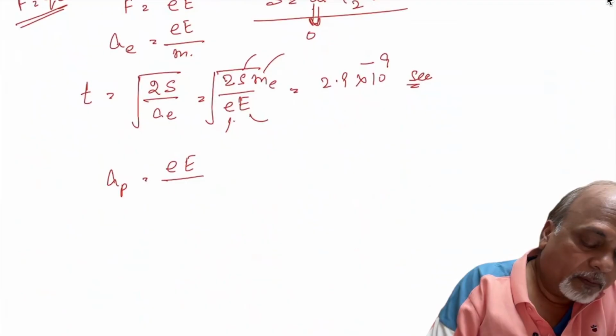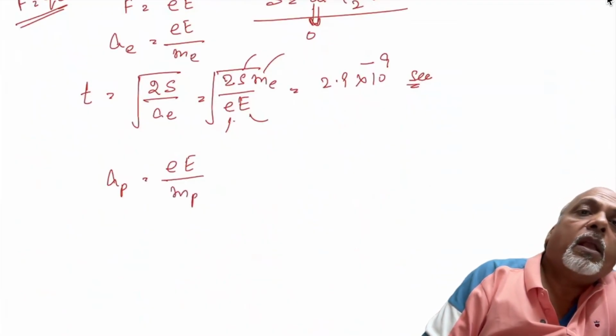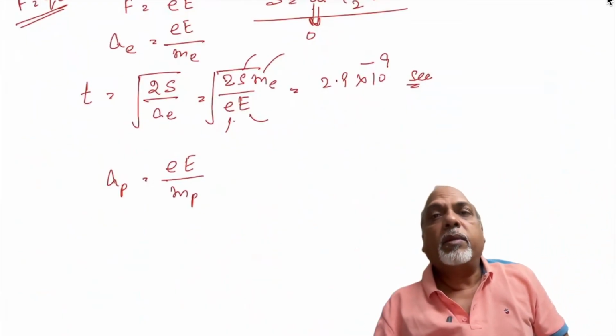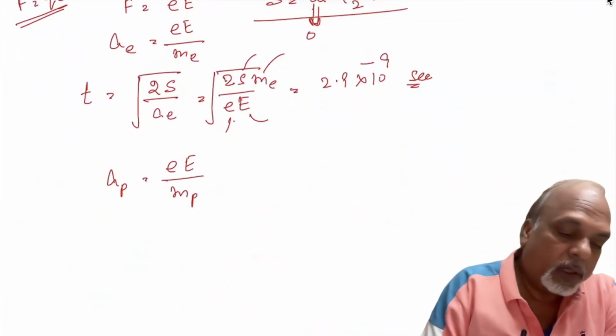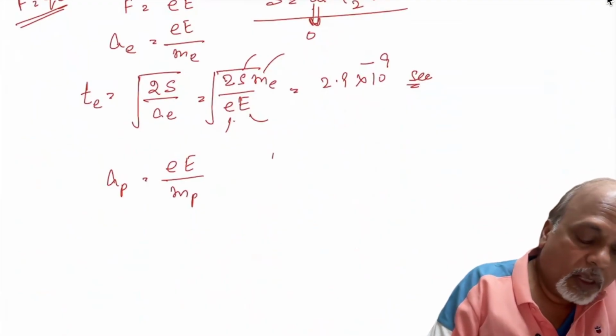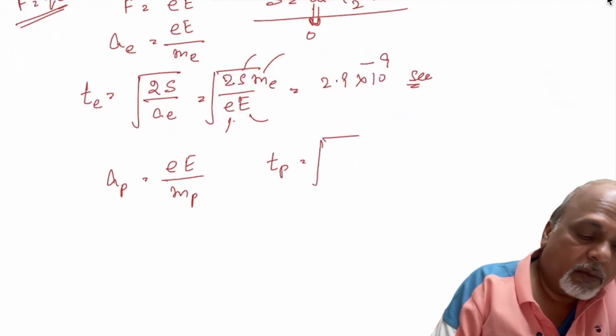E upon m p, correct? And in the similar way, this is your time for the electron, and the time for the proton we can also find out in the similar way.